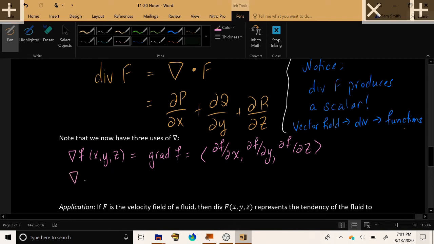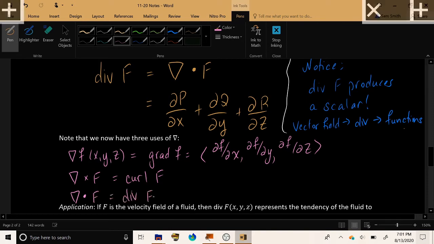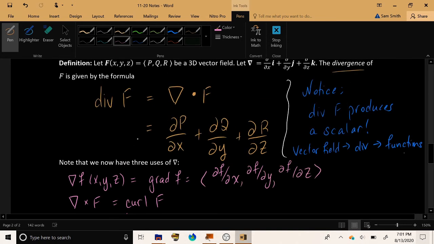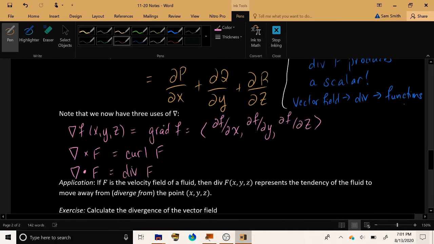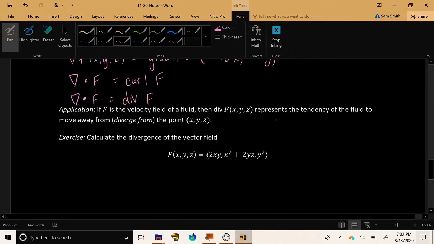We have nabla cross a vector field, which represents the curl of the vector field. And we have nabla dot a vector field, which represents the divergence of the vector field. So this symbol nabla gets quite a bit of mileage and gets used in three different ways in this class. One's for the gradient, one's for curl, and one's for divergence.